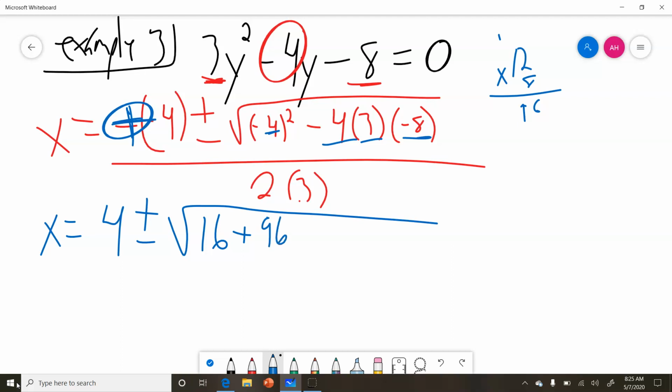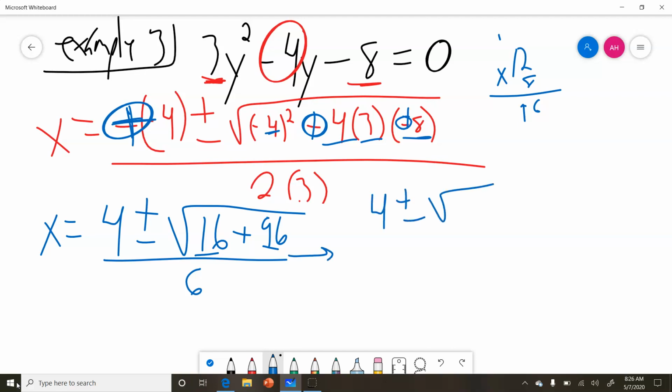Why is it a plus? Look at this. Negative times negative becomes a positive. So I have that. I don't know why I wrote this enormously long line up here. But all of that now is divided by 2 times 3, which is 6. Okay. Now this stage, I add, this was 16 plus 96 is 112. So I have 4 plus or minus the square root of 112 divided by 6.